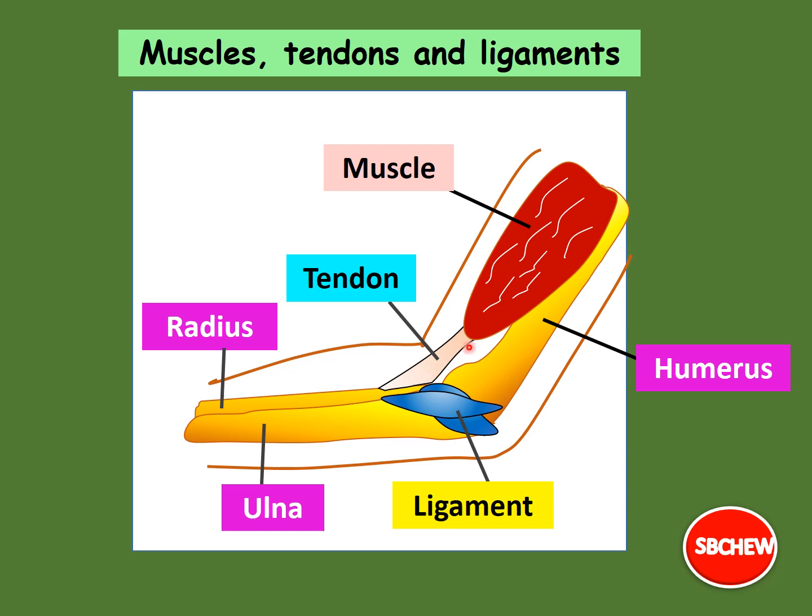The function is to attach the muscles to the bones and thus transmit the pulling force of the muscle. When the muscle contracts, it will pull the tendon, and the tendon will transmit the pulling force of the muscle to the bone, for example, to the radius, in order to pull it up.